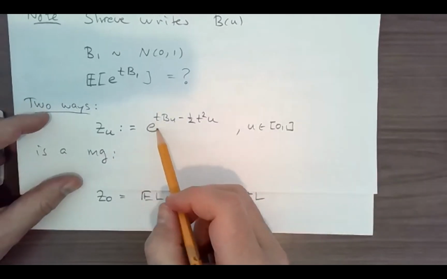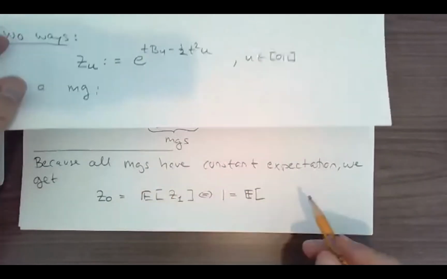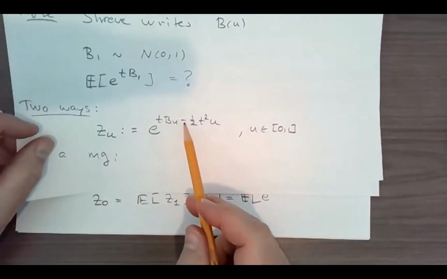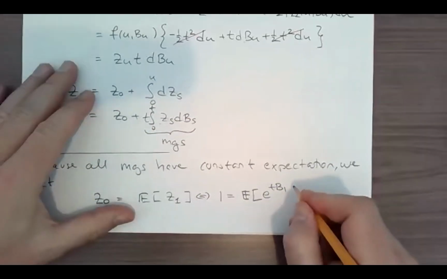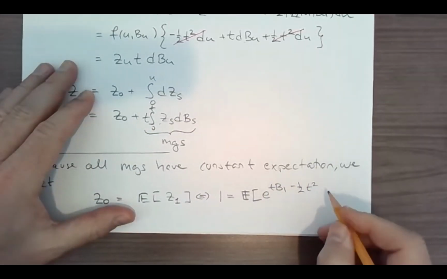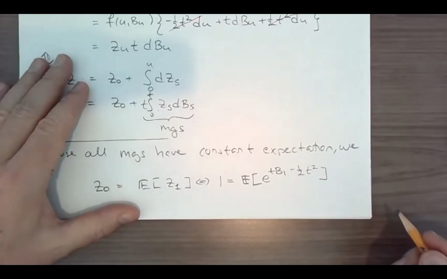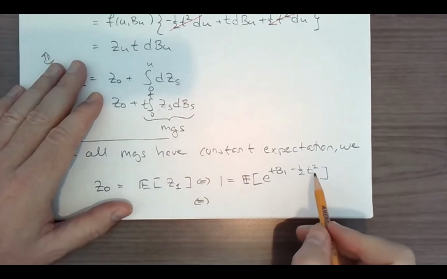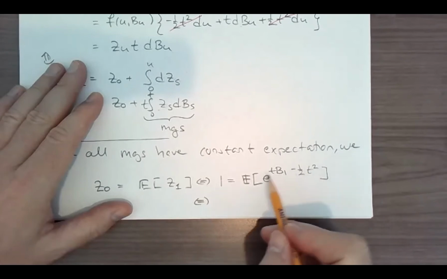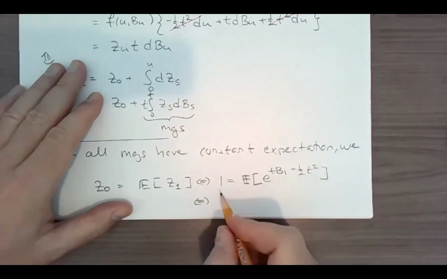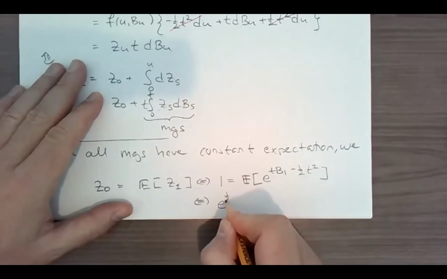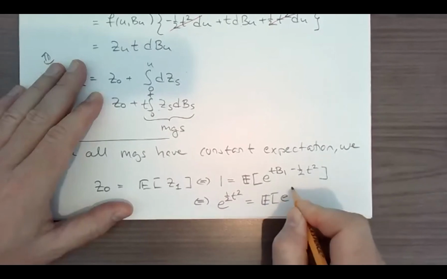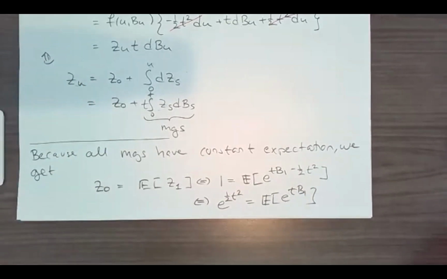Over here on the right-hand side, U is equal to 1, so I get e to the tB1 and then minus a half t squared. This is deterministic, it is not random, so you pull it out to the other side, and you get e to the 1/2 t squared is equal to the expectation of e to the tB1. And that's what we wanted.